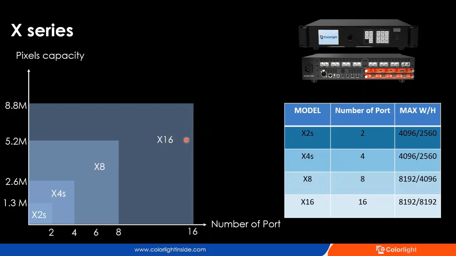They are designed for different screen resolutions, from half of 2K to 4K. The main difference of those products is the quantity of the output ports. Because of the scaling feature, the maximum loading capacity of the X4X is up to 2.6 million pixels.